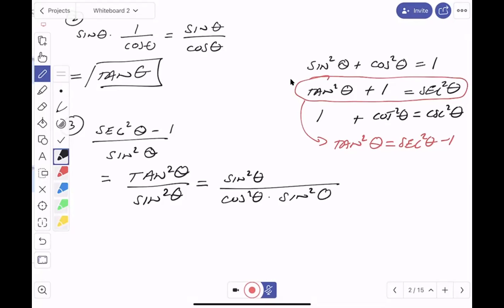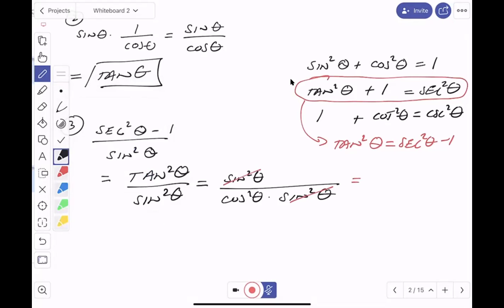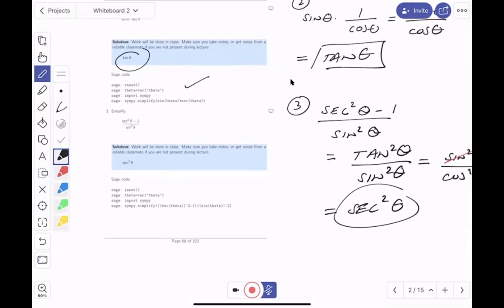It's already there. What do I see now? Cancellations. And what am I left with? I'm left with 1 over cosine squared theta. And you should recognize that as being the secant squared theta. I just want to point out, if you're looking at the answer key, you'll see these answers. You also see some sage code over here. I think it's important you start looking at the sage code and playing around with it.